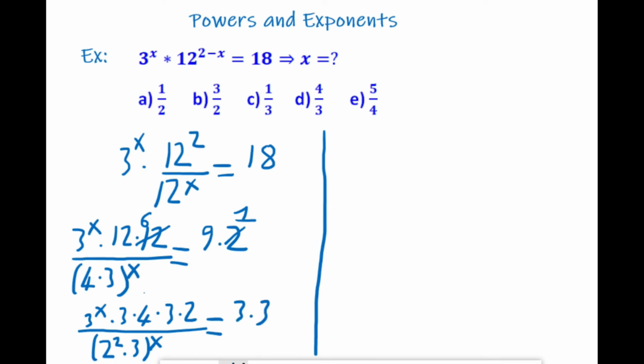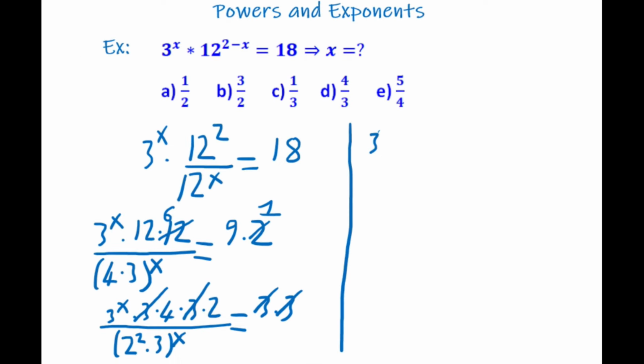And also here, this 3 cancels this one and that one goes with this one. 3 to the power of x times 4 is 2 squared times 2 divided by 2 to the power of 2x times 3 to the power of x. Just multiply this x by the exponent of 2 and 3. So this is going to be equal to 1 on the right side, guys, because we already simplified the right side.